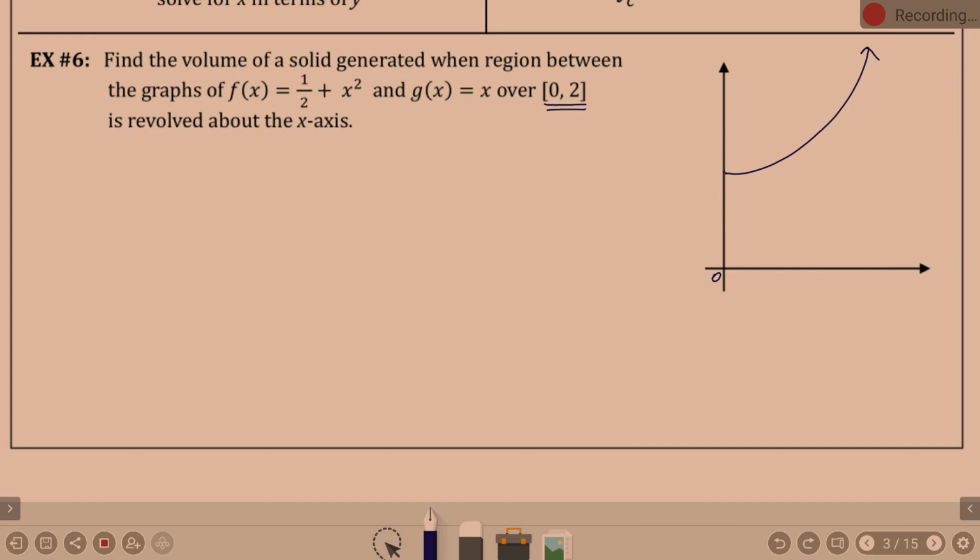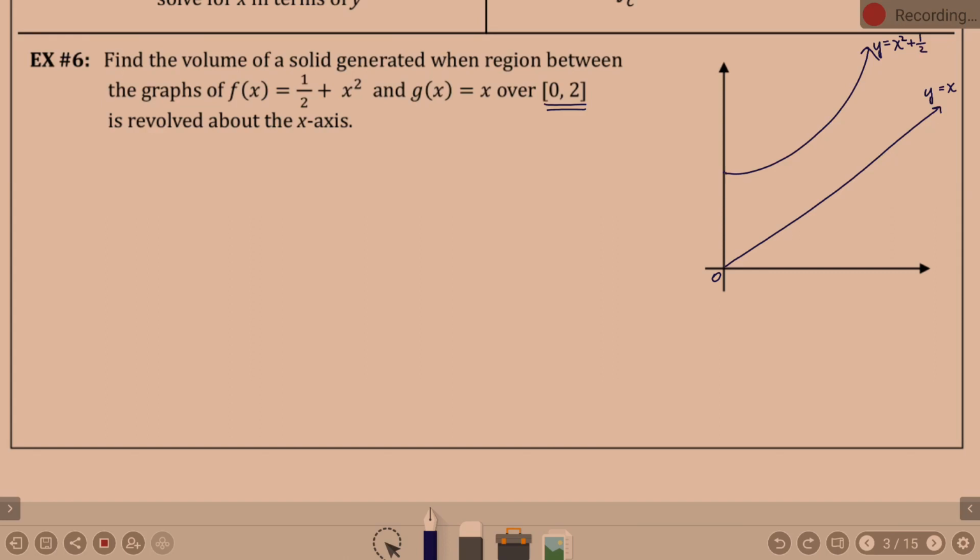Oh yeah, what's my other graph? g of x equals x, and so that is one straight line, y equals x. This is y equals x squared plus one half.